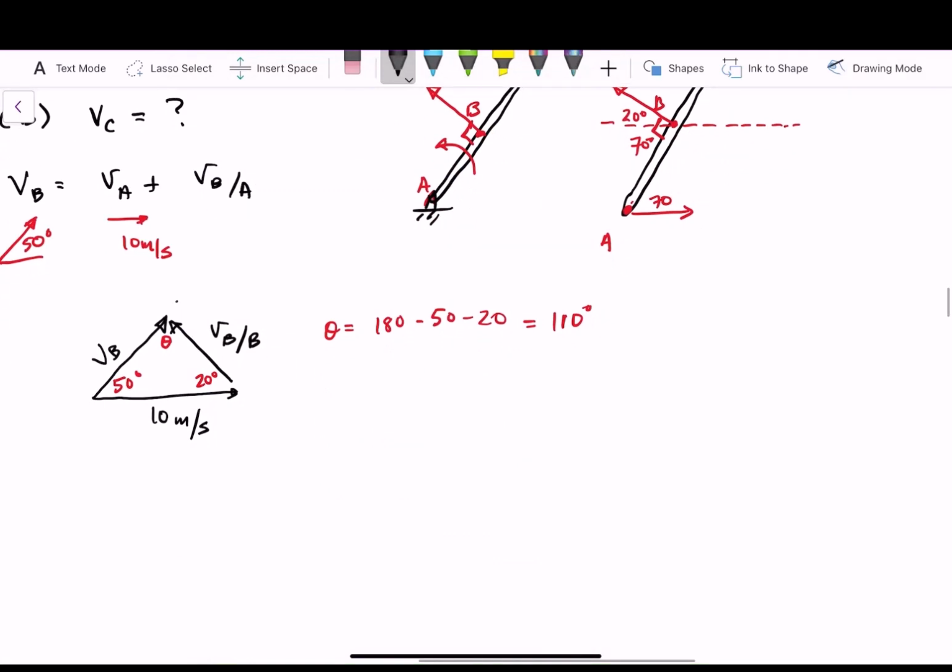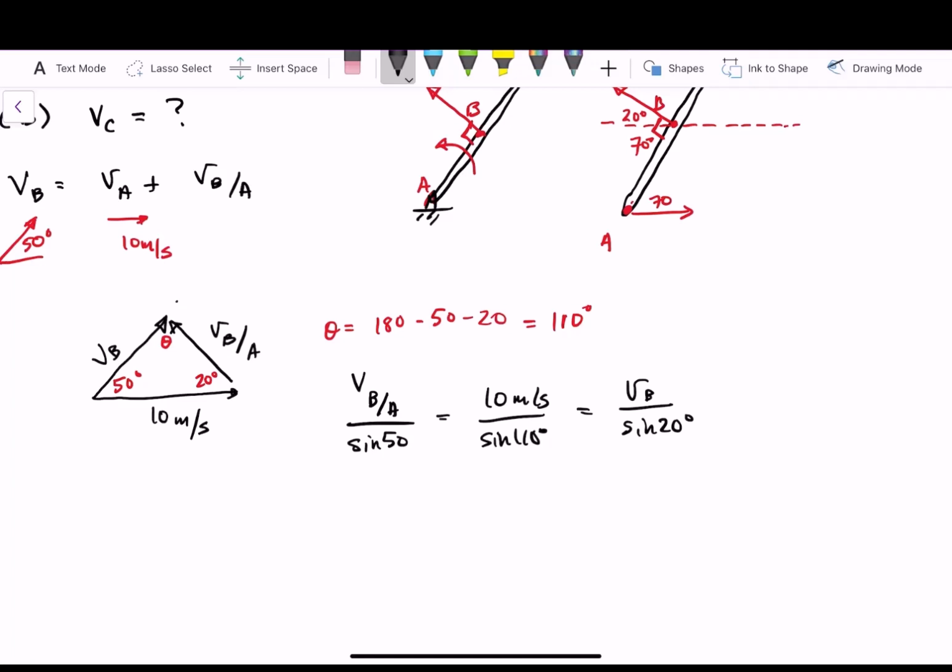We can say that VB with respect to A, and I see I made a mistake in here, so I'll just get rid of that in my velocity triangle. It should be VB with respect to A, over the opposite angle, which is sine 50, is equal to 10 meters per second over its opposite angle, which is sine 110, which is equal to VB over its opposite angle, which is sine 20 degrees.